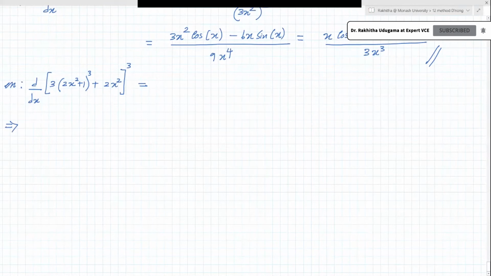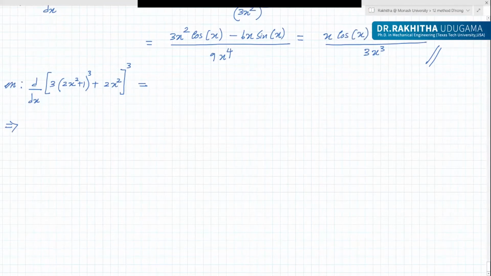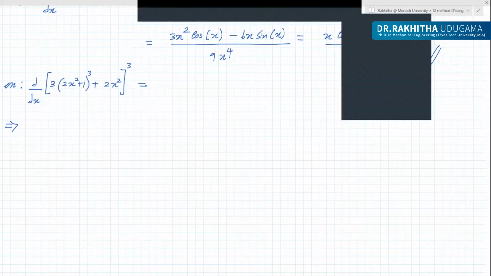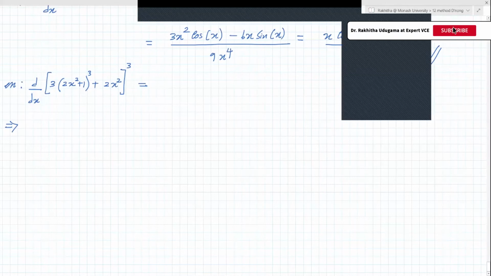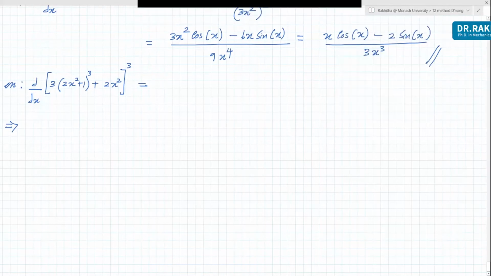Yep. So first, I see this 3. I'm explaining this to you one by one, operation by operation.